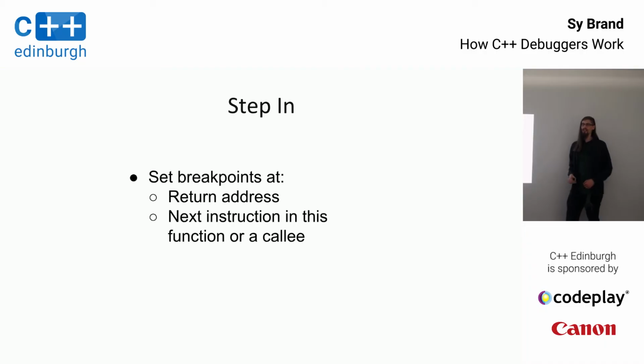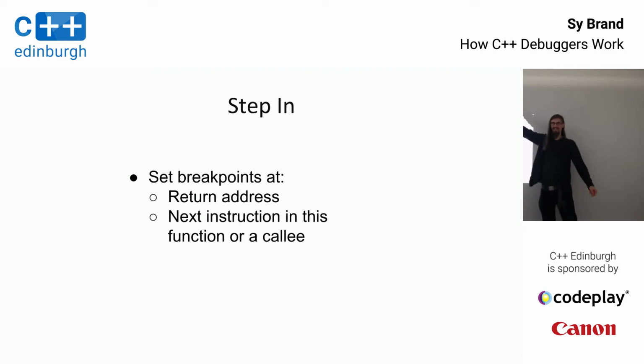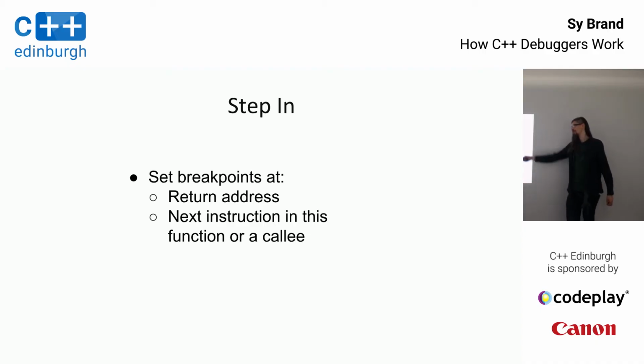How do you work out what the next instruction is? Well, maybe I'm just going to go down to the next instruction. That's going to be easy. But what if I don't? What if I have a function call? What if I have a branch somewhere over there? What if I have a conditional branch and I don't know where I'm going? It's non-trivial to work out where you might be going.